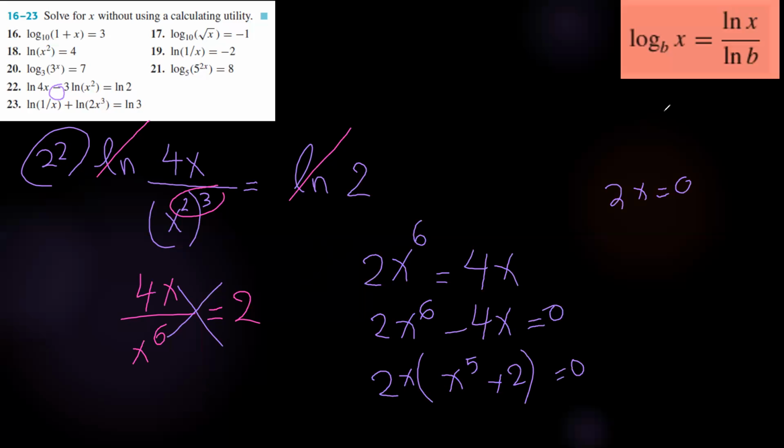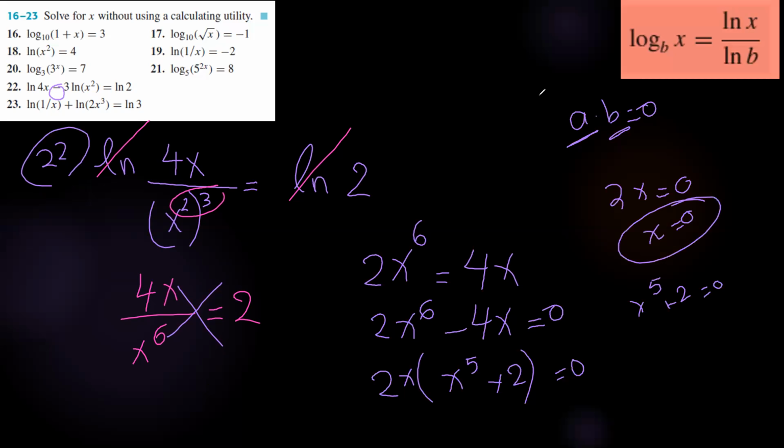As we know before, if you have a times b equals 0, then a could be 0, or b could be 0. So 2x equals 0, or x to the power 5 plus 2 equals 0. 2x equals 0, so x will be 0. And x to the power 5 equals negative 2. So x will be the 5th root of negative 2.